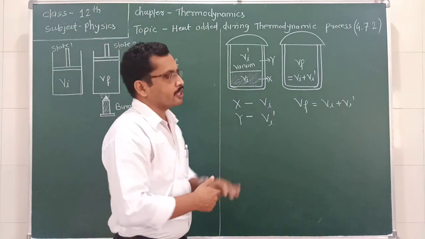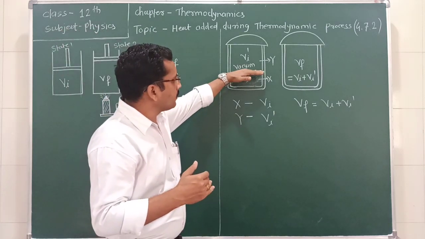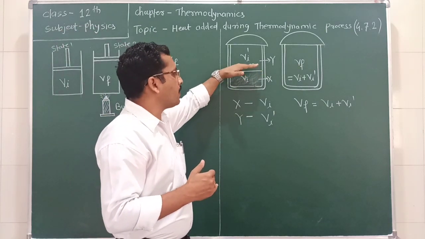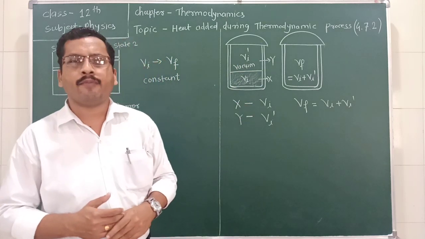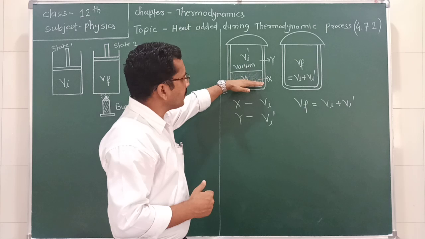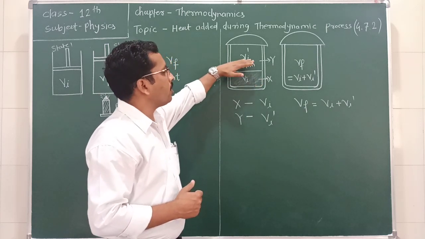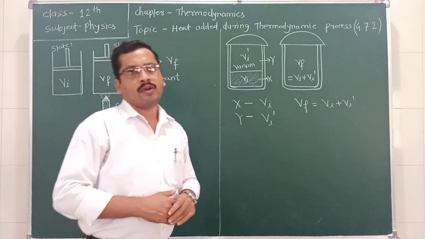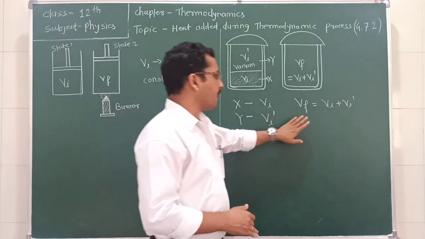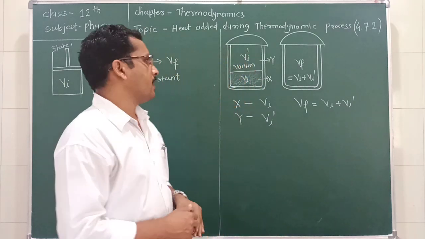This process takes place abruptly when the boundary between compartments X and Y breaks suddenly. The gas inside compartment X occupies the volume in compartment Y, so we can say that Vf is equal to Vi plus Vi dash.